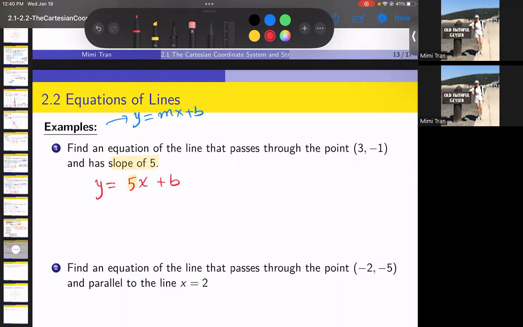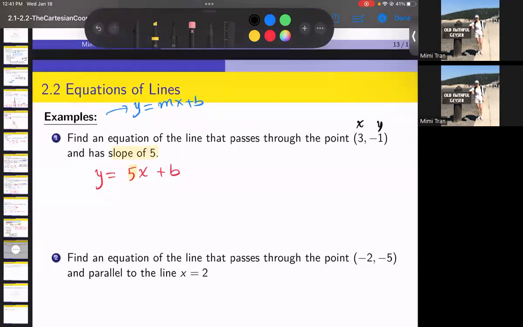Yeah, very good. Thank you. So you plug in 3 for x and -1 for y into the function and you solve for b. So I have -1 for y equals 5 times 3 plus b.